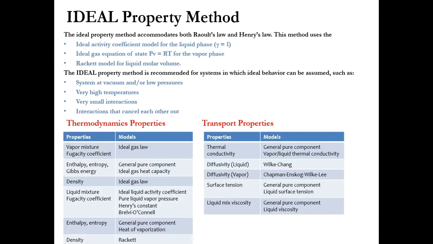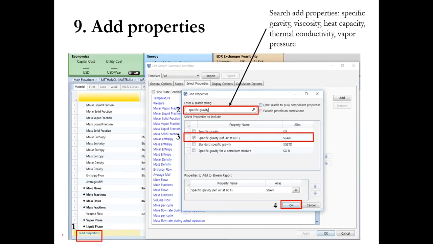So you will click on add properties and search for specific gravity over here. Once you select specific gravity, click OK, click OK, and this specific gravity will appear. Similarly, select heat capacity, thermal conductivity, and vapor pressure.